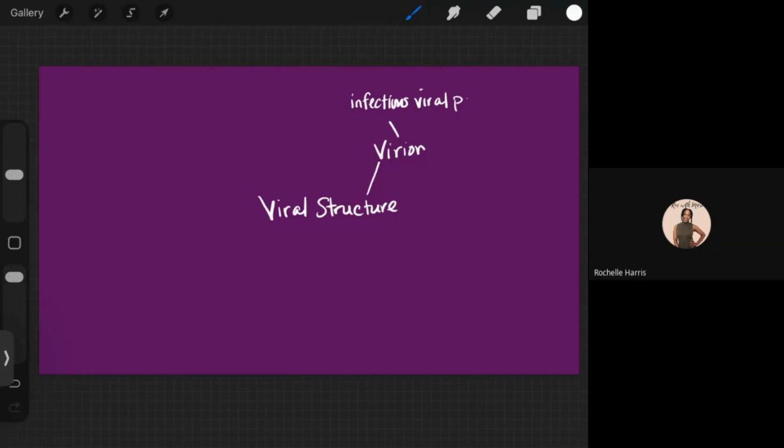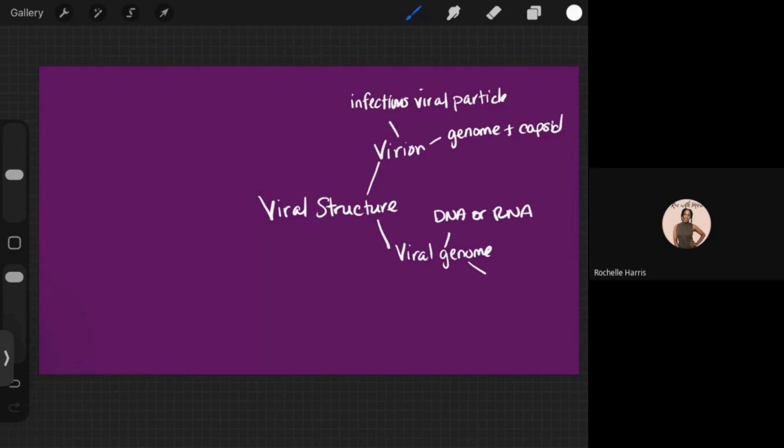From our core, we have viral genome. Stemming from viral genome, we have DNA and/or RNA. We also have single-stranded or double-stranded.